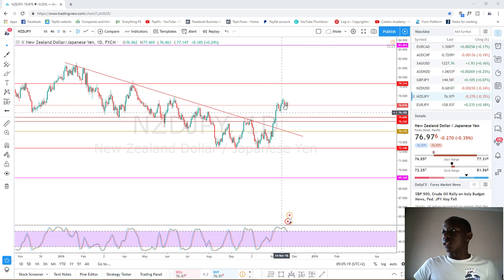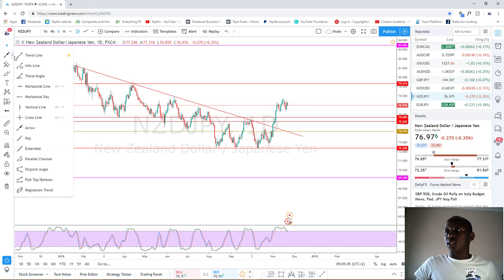So the price is currently stuck around this level right here, which is 77.35, which is also our previous support, resistance, sorry. As you can see, this point here matches with this one. Let me just construct a line so you can have a clear view.